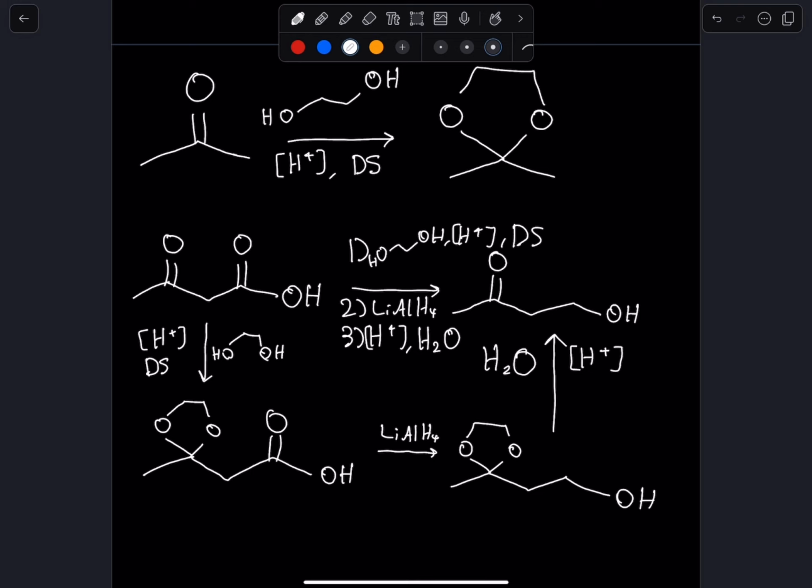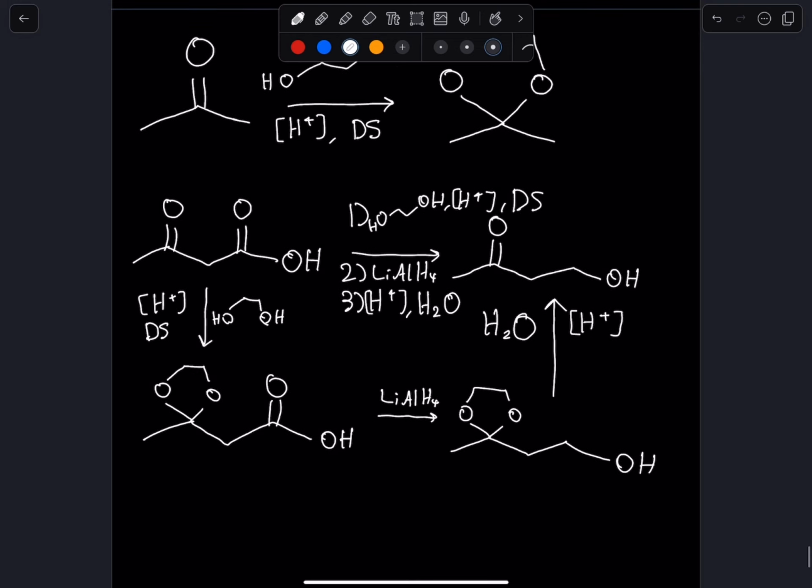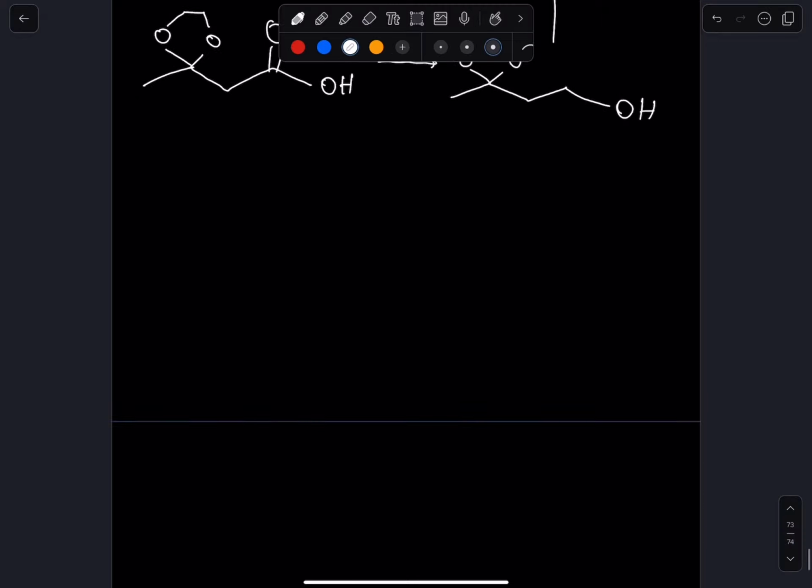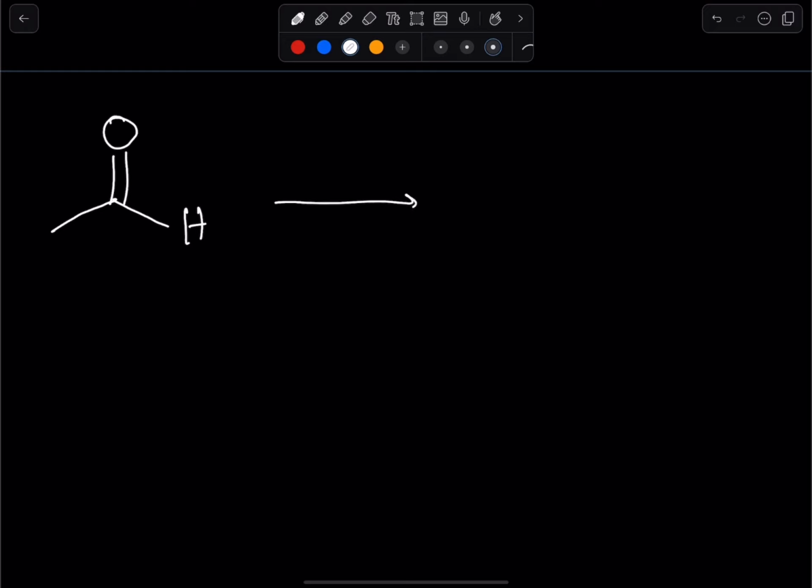So now that we've gone over that, let's explain one more thing briefly. I don't want to take too long. Basically, this same process can occur with aldehydes. So you can do this. Let's use methanol this time. I just want to show one reaction. So try and predict the product of this. I think it's good practice.